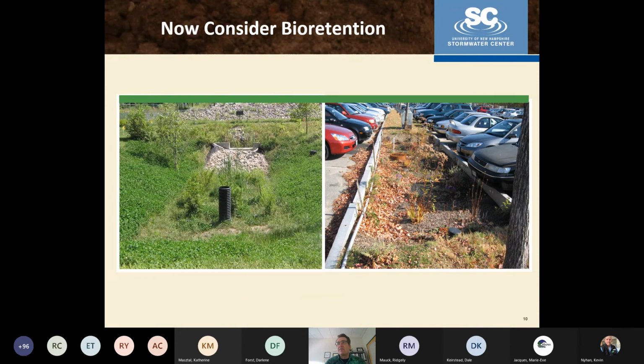So if your target is nitrogen and someone's proposing a bioretention, we know bioretention systems do well for nitrogen, but the major unit process in the unamended bioretention is vegetative uptake. You're relying on the vegetation to take up the nutrients, and that's a temporary sink. Those nutrients are held within the biomass for a certain period, and especially in the Northeast, during the winter those plants are inactive, so that process is essentially shut off.